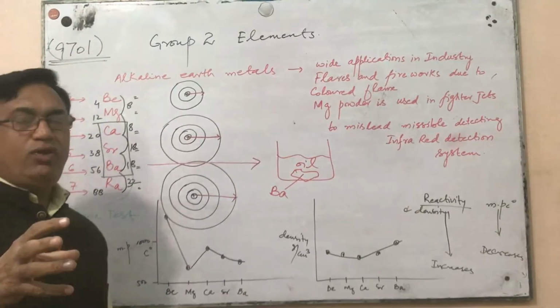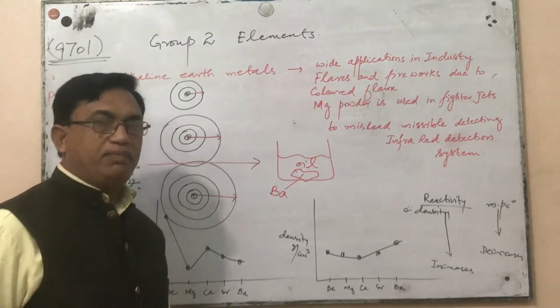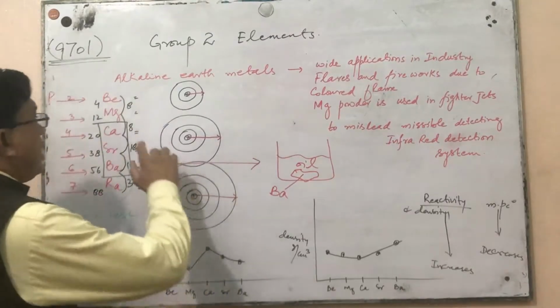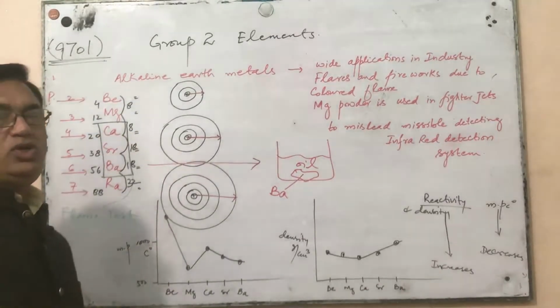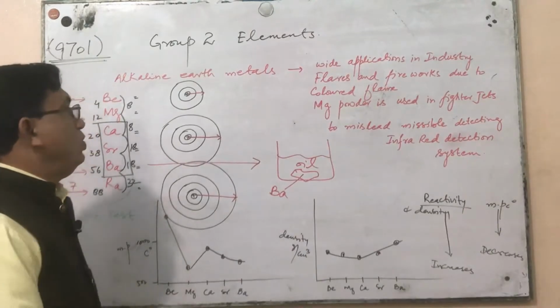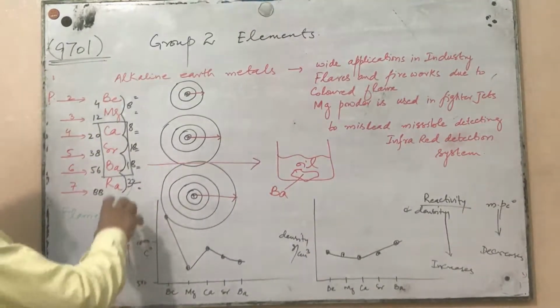Magnesium burns in air with a bright luminous flame, and it produces a bright light which can be used for a longer time to locate an area.